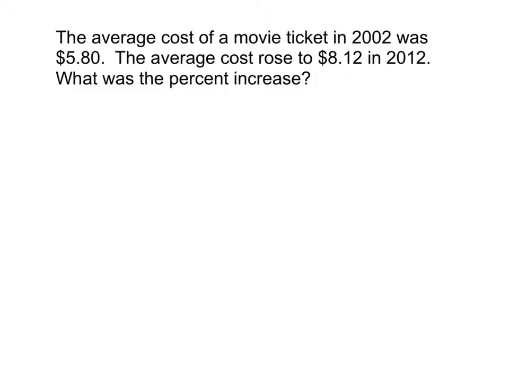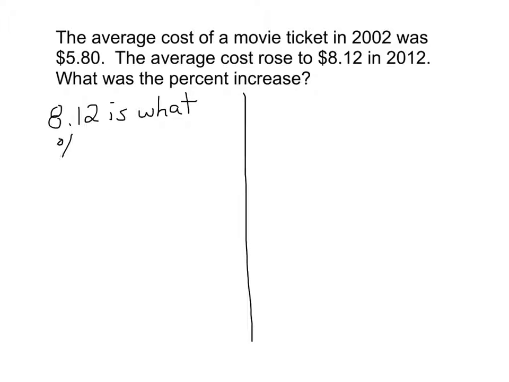Okay, hopefully you have had time to go through and do the problem. I'm going to do the problem, as I said, both ways. The first way I might do the problem is I might put an is-of type statement, and I might say $8.12 is what percent of $5.80.